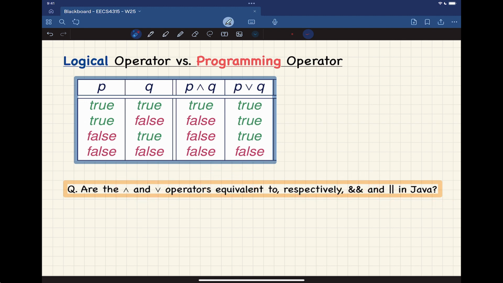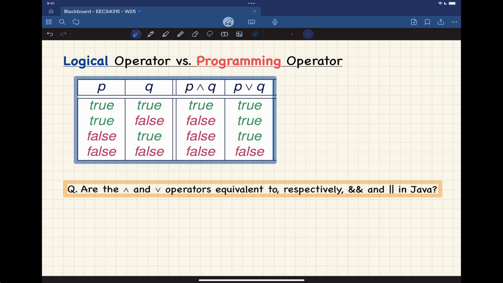Do they work the same way under all circumstances? Well, most likely, if I ask you this question, it must be no, right? Otherwise, why should I bother asking you? But how exactly are they different? Adrian? Java's operators are short-circuited, which means something isn't evaluated. Yeah, exactly. Short-circuit evaluation is definitely the key here.